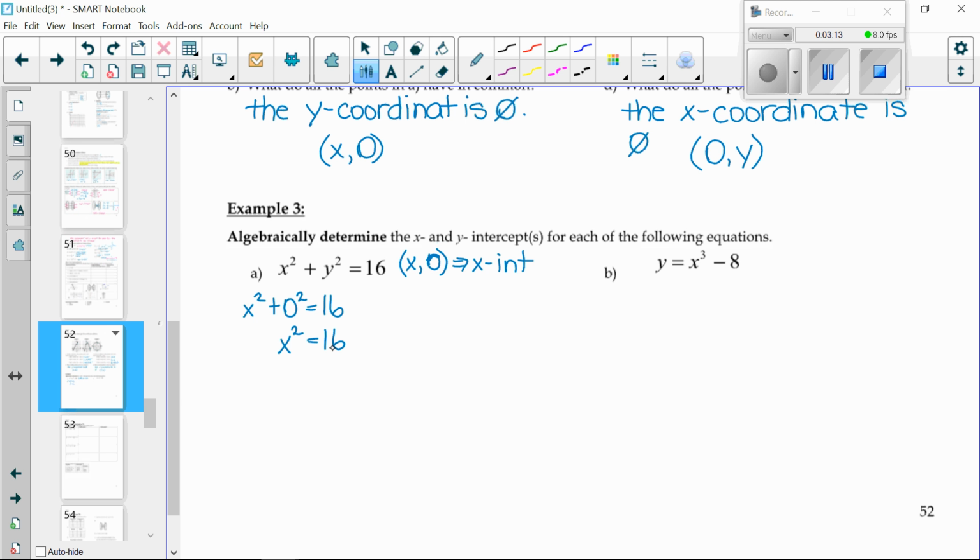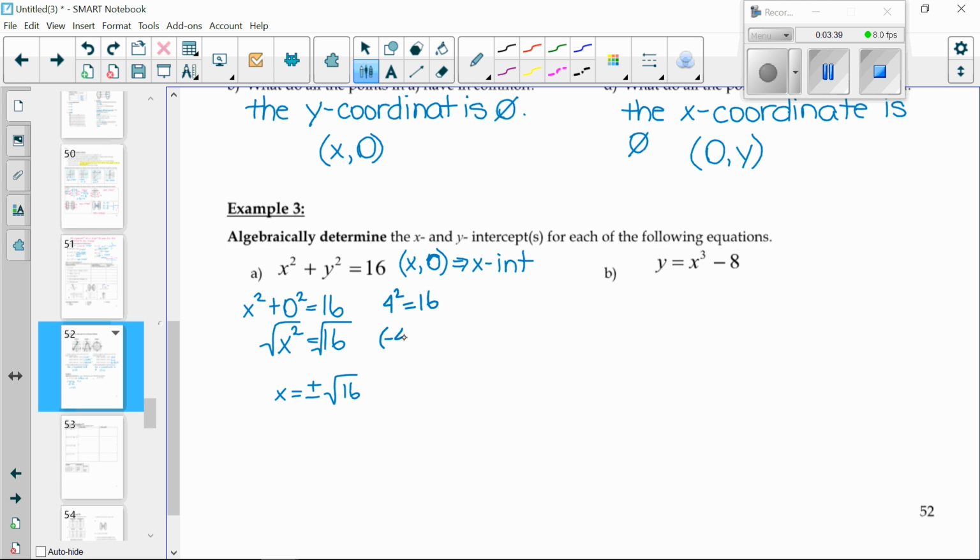Now, to get x by itself, I need to square root both sides. But something interesting happens. When I square root a variable and I'm solving for that variable, what I actually have is two values, the positive value and the negative value. Because remember that if I square +4, that gives me 16.